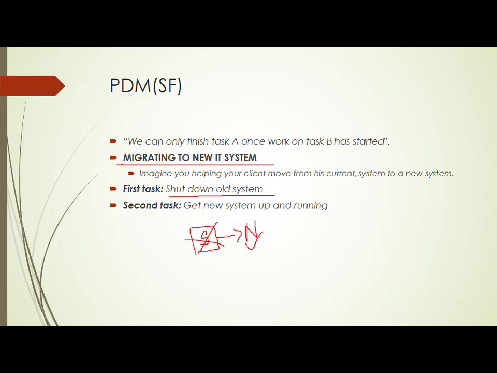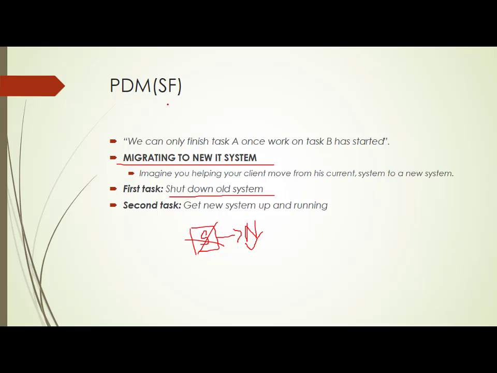We can only finish task A, which is shutting down the old system completely. After that, task B starts, which means the new system comes into the picture stage by stage. So this is called start to finish.